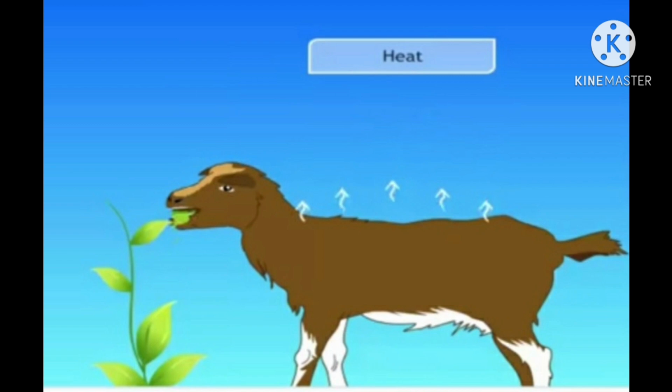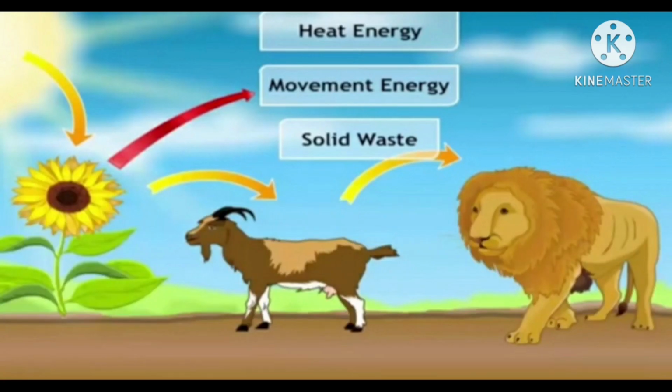The remaining energy is available as food to primary consumers. Thus, we can see that only a fraction of the energy absorbed by plants is finally available to the next trophic level.